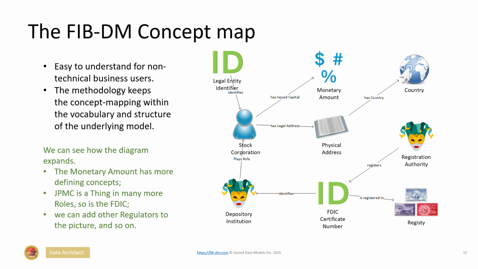And that methodology keeps the concept map within the vocabulary and structure of the underlying data model. And you can then expand, of course, this small example, no? So the monetary amount has more defining concepts. JPMC, or the stock corporation, the bank would have many more roles. And also we can add other regulators to our legal and compliance concept maps or data model.